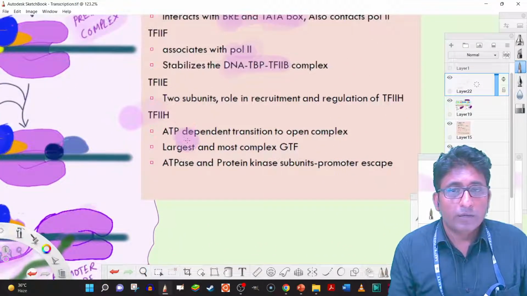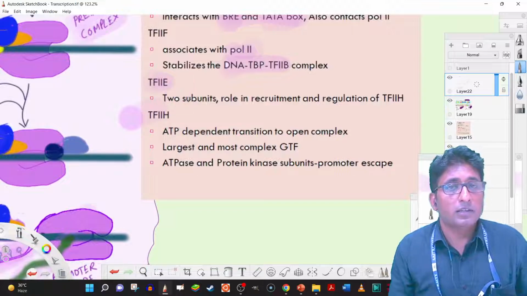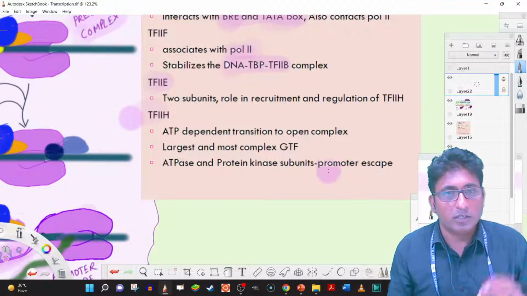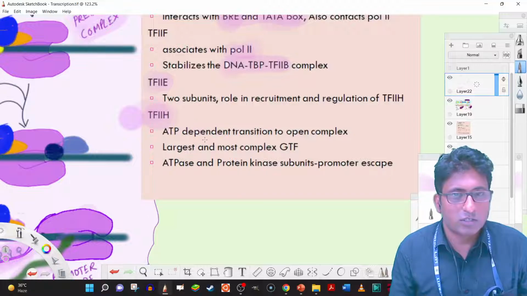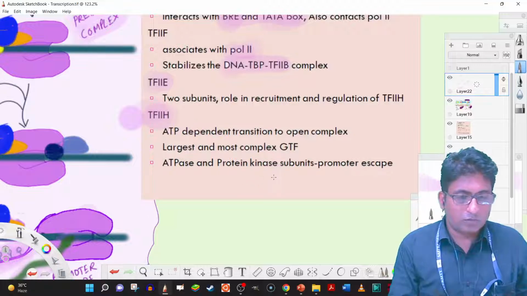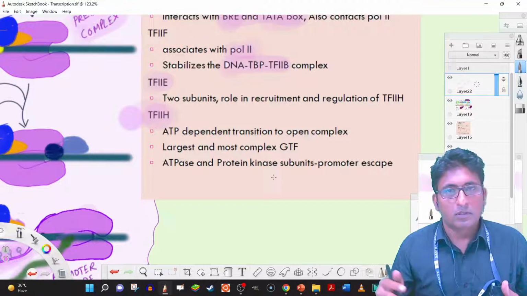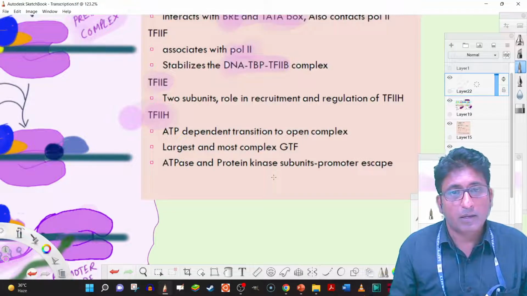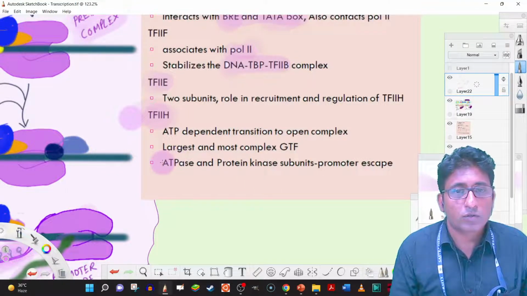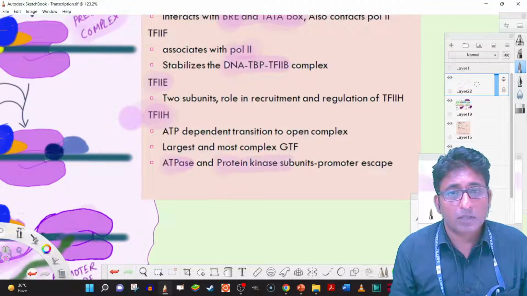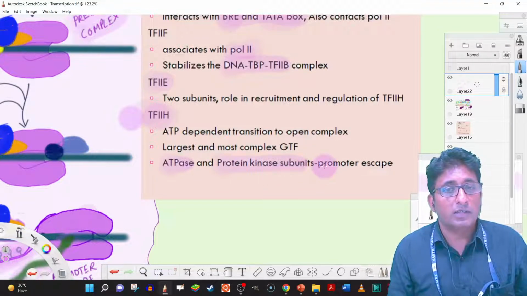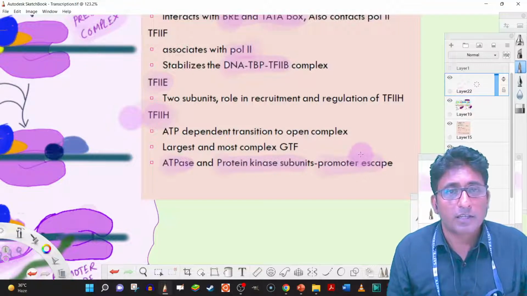Similarly, we have TFIIE. Its function is to recruit TFIIH, and TFIIH is a kind of switch between formation of the pre-initiation complex and initiation itself, and that is dependent on the ATPase activity and the protein kinase subunits, and that will result in promoter escape.